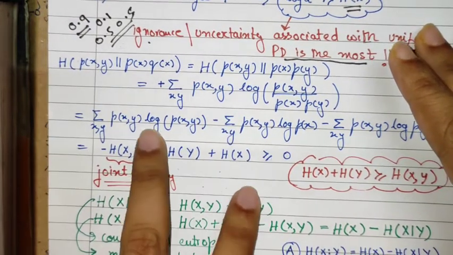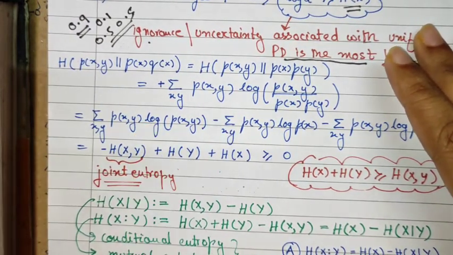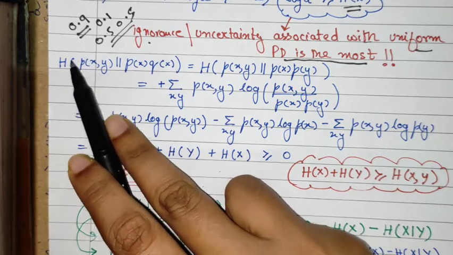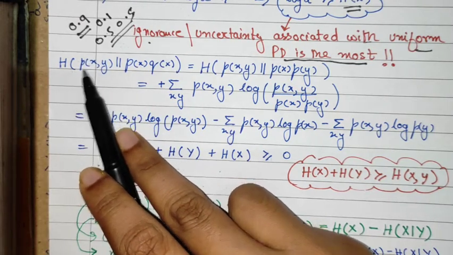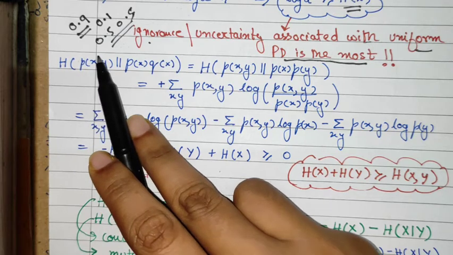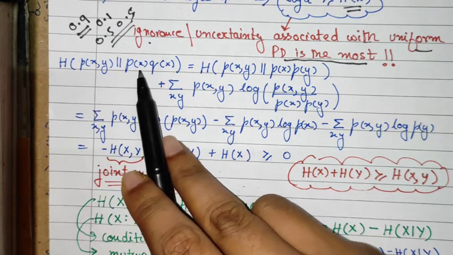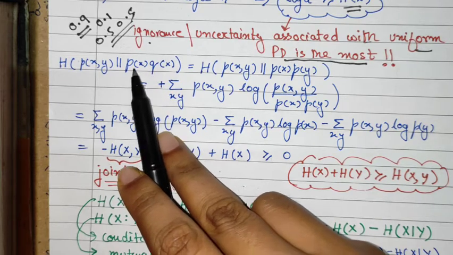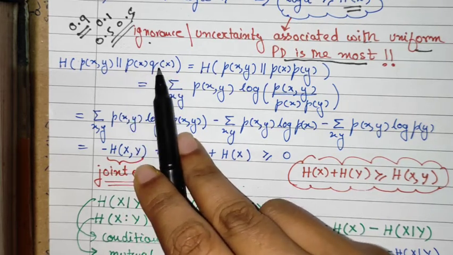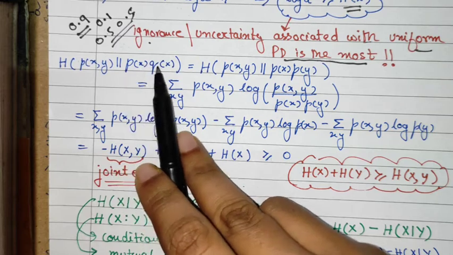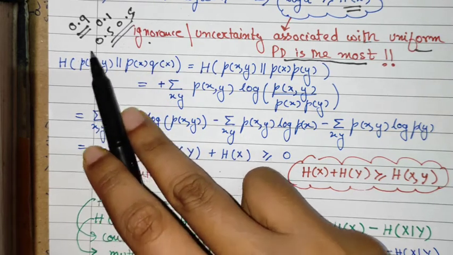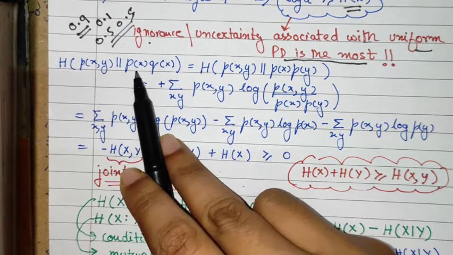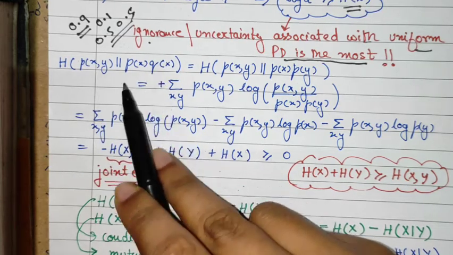Now let's move on and calculate this particular quantity. This is the relative entropy of a joint probability distribution to the product distribution for when they are independent. If these two random variables are independent, or have zero correlation, then p_xy is simply the product; else we cannot write it as a product.